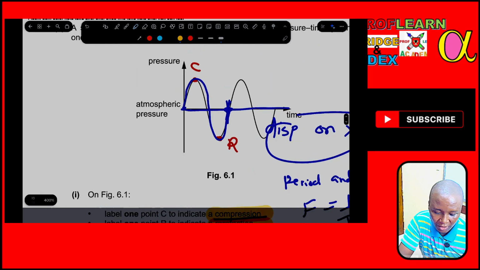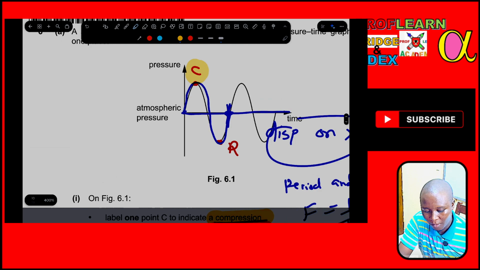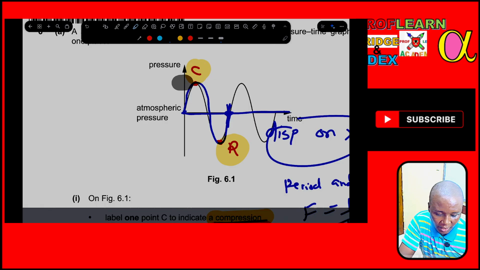The graph drawn here is a graph of pressure against time. So at this region, pressure is highest. Pressure is very high, so this is a region of high pressure, and that is going to be a compression.